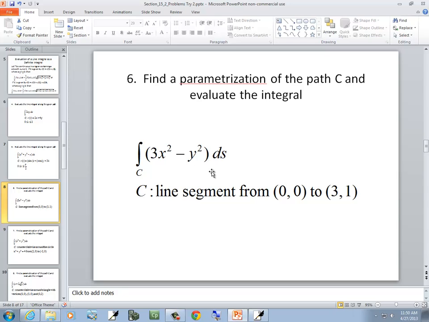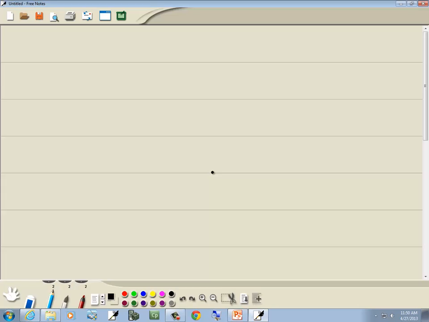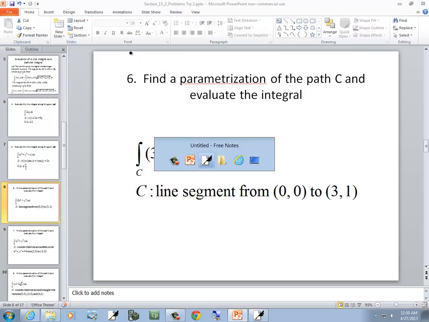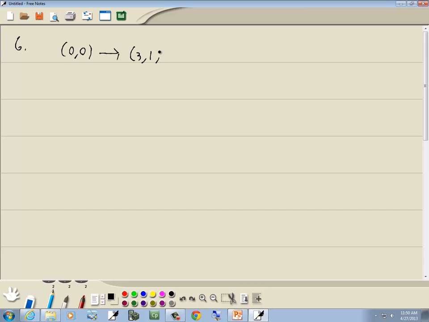Okay, let's first look at the parameterization. This is going from 0, 0 to 3, 1.